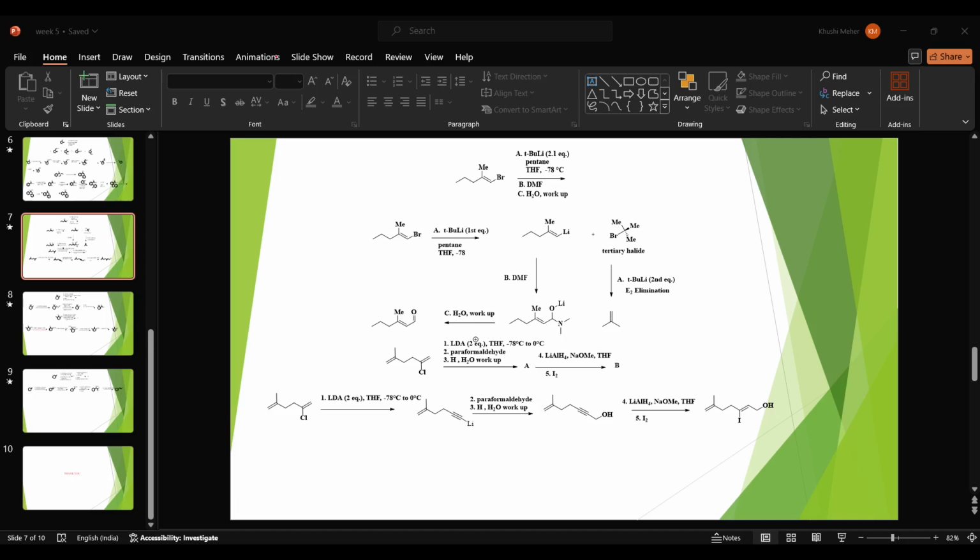It's not like you will get both, because the silicon-oxygen bond will break and you will get the corresponding alkene. That's why in the Peterson olefination case, most of the time you will selectively get one alkene. But maybe you will get some amount of the other alkene also, though I'm not confident. But up to my knowledge, you will selectively get one product.